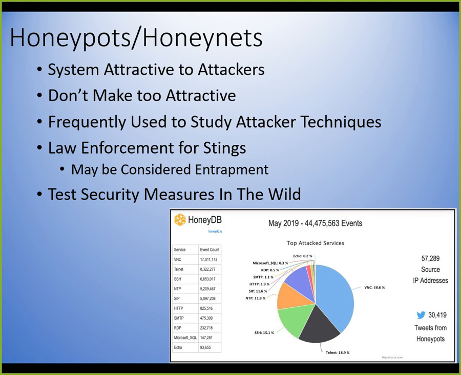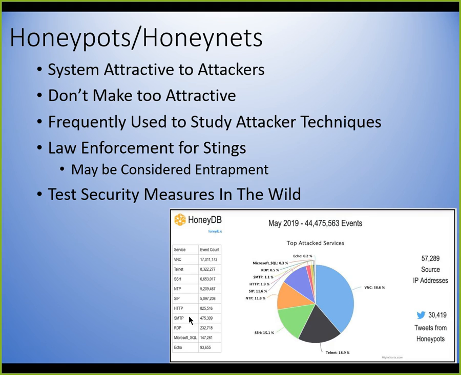And then down at the bottom, the service VNC, which was a remote access system around on port 5900, is 38.6% of the attacks, and then Telnet. So they're trying to get onto the systems remotely using remote devices. SSH. The next one is NTP, Network Time Protocol. SIP is a phone.